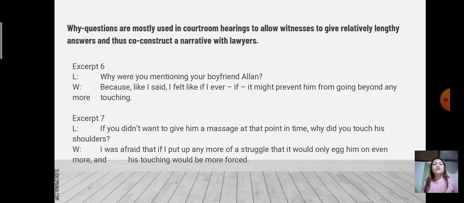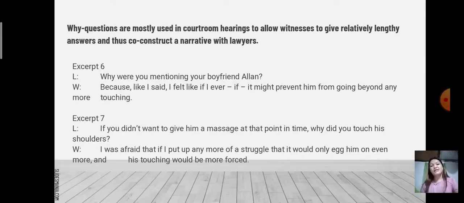The answers are lengthy so that the witness will be giving the story behind the questions to the lawyers, so that lawyers can analyze more instead of just the witness saying yes or no. And at some point, why questions may lead to stories or narratives which may also affect the decisions of the judge and the jury.